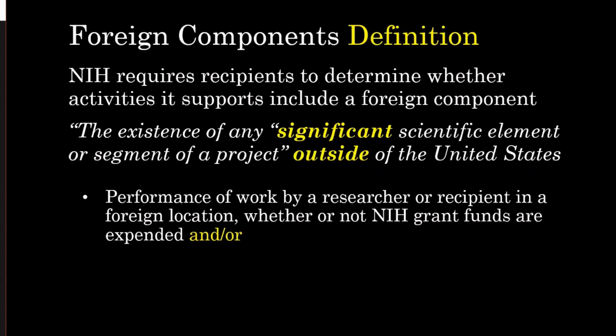So whether or not you're paying them as a subaward, if you're collaborating with them, exchanging data, exchanging materials, any of those things, you need to be disclosing. And then in the end, will this work turn into a publication and shared authorship?